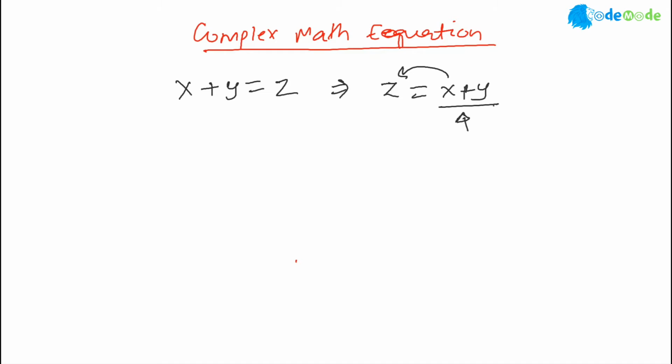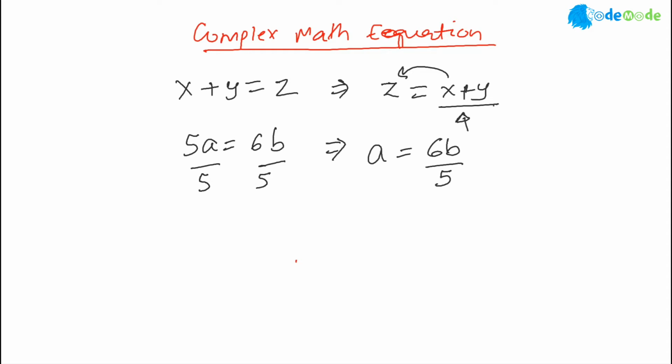Second thing is, in math you can say 5a equal to 6b. If you have to write the same thing in Python, you will always isolate your variable on the left side. You will say a equal to 6b divided by 5. If you divide both sides by 5 in math, this will cancel out, and the goal is to isolate your variable on the left side.